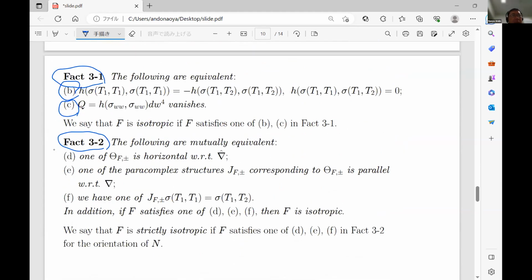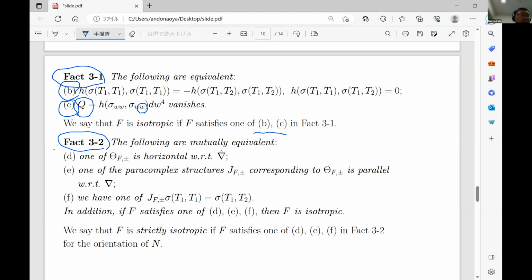Here, this z is a local paracomplex coordinate of a Lorentz surface M. So Q is a paracomplex quartic differential defined on a Lorentz surface M. We said that F is isotropic if F satisfies one of the two conditions.